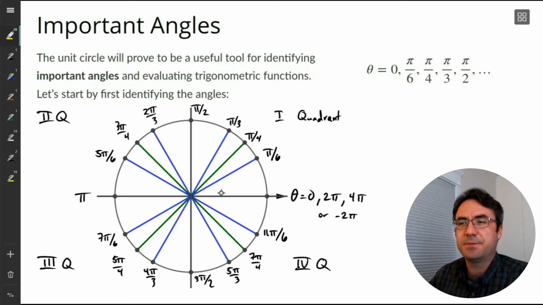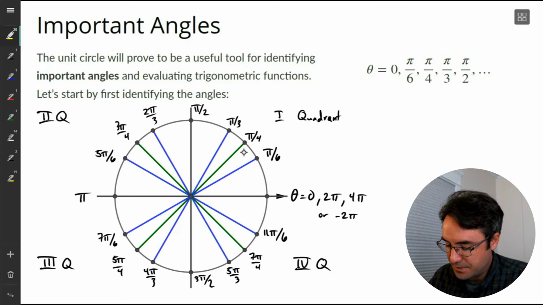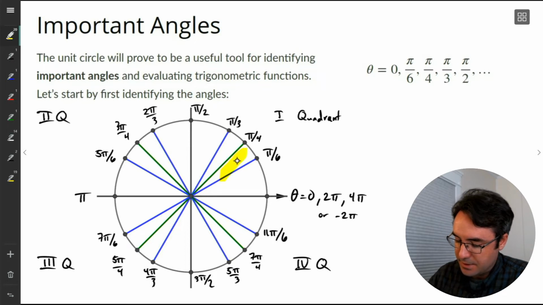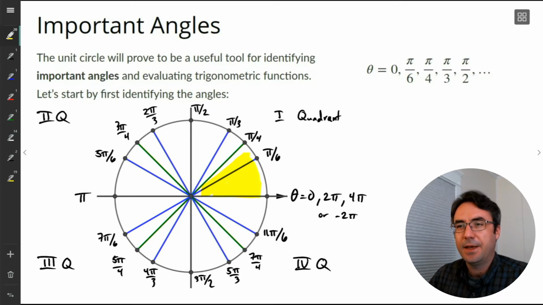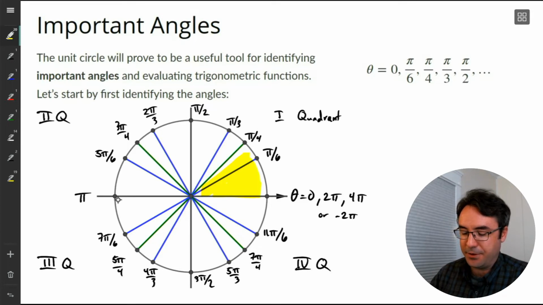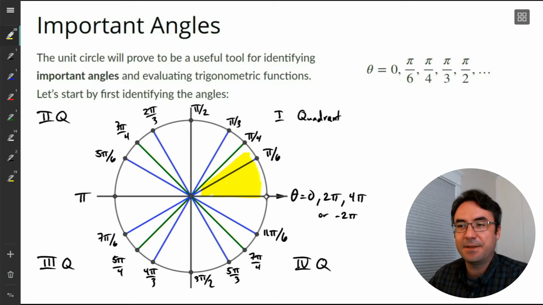Let's look at this pi over 4 wedge right here. And let's see how we can get the rest of the values by just taking this point and rotating it by copies of pi over 4.